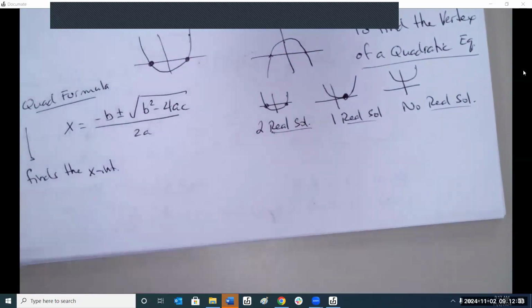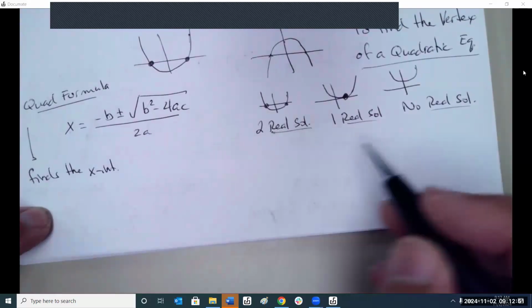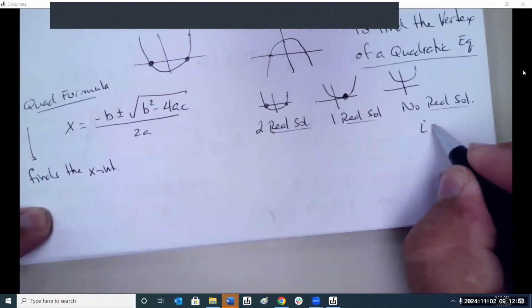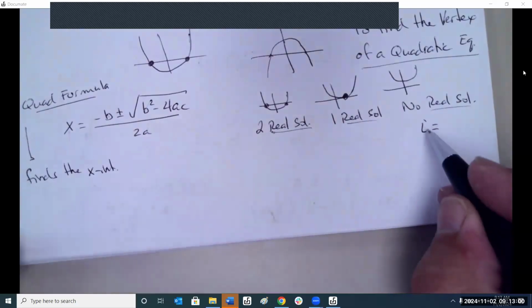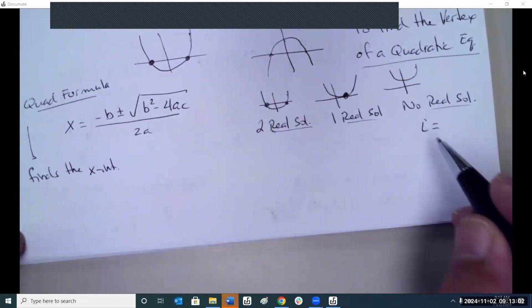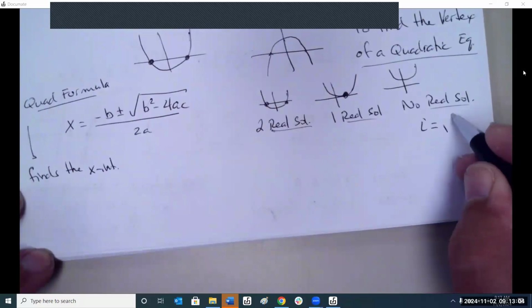If they're not real, what kind of solutions are they? I know we talked about this, at least we did when I was gone. Imaginary. We talked about imaginaries, didn't we? So if they're not real solutions, then we're going to have i answers. What is i? When we say imaginary numbers, where does that come from?